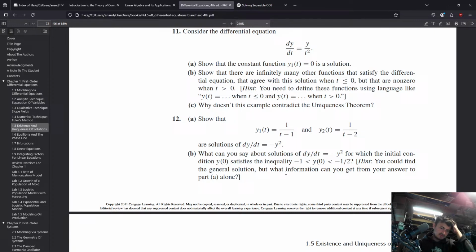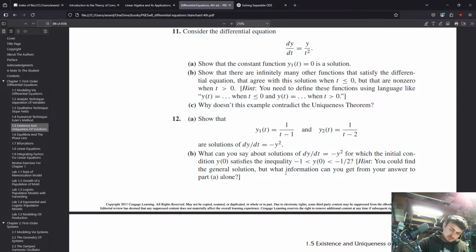So let's plug in the 0 to both of these. We're going to get 1 over minus 1, which is equal to minus 1 for y1 of 0. y2 of 0 is equal to 1 over minus 2.